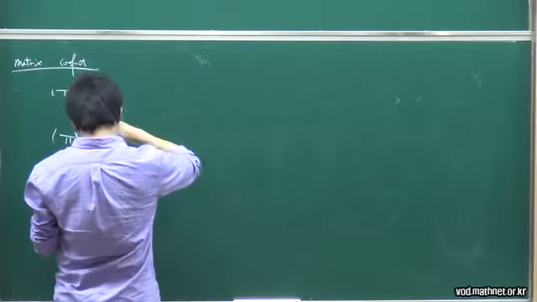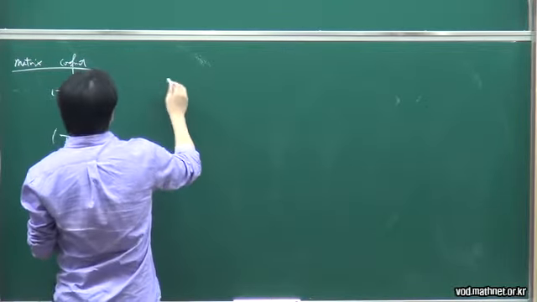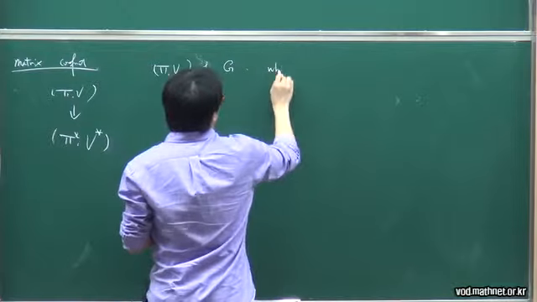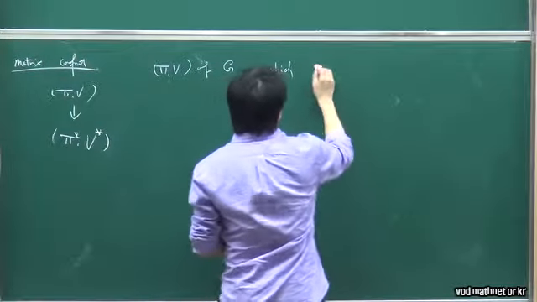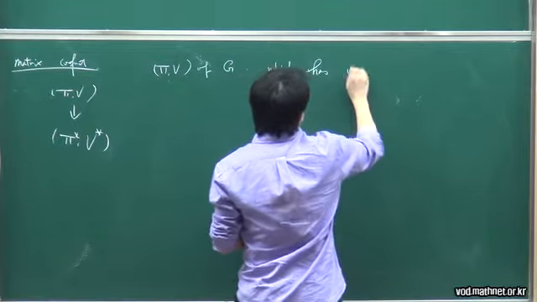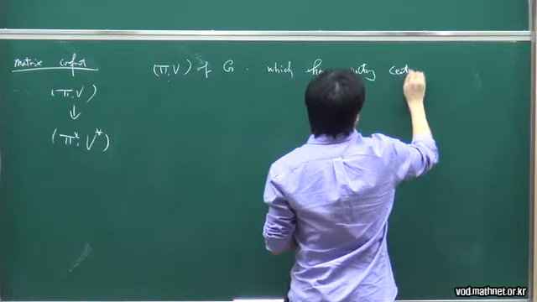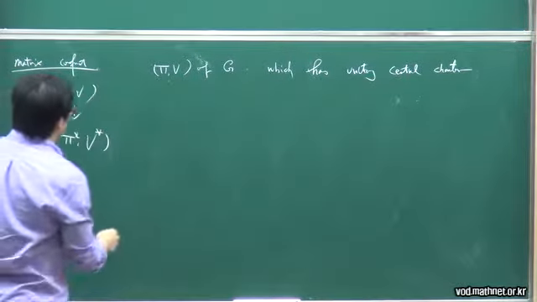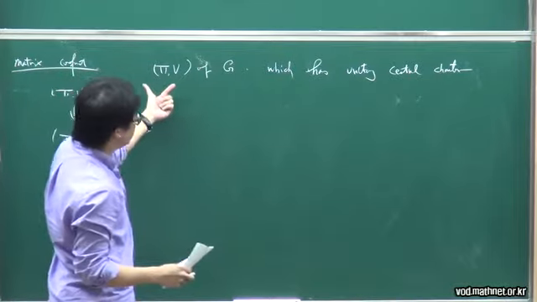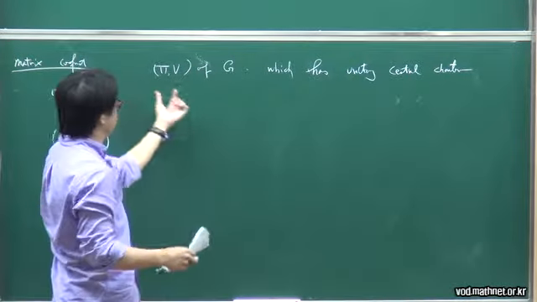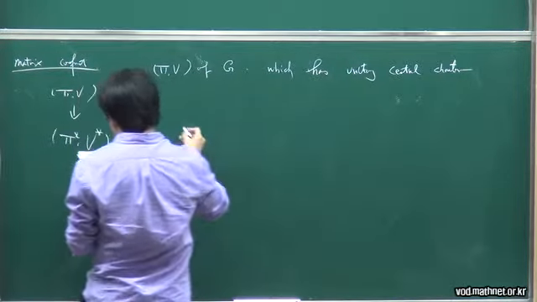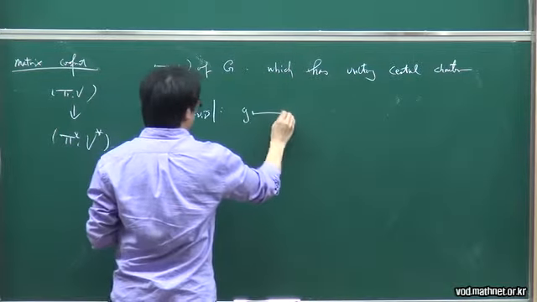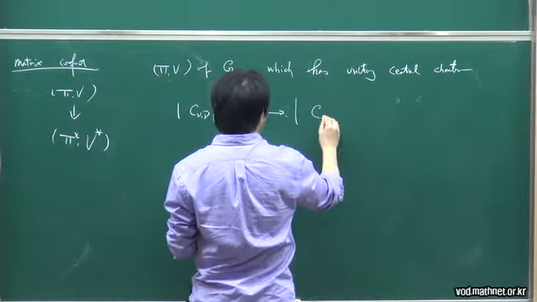In fact, we can think that for any pi, this representation has a unitary central character. The central character means that if we act by an element from the center, it acts only by a scalar character. And we can define such a function like this. This is a functional.